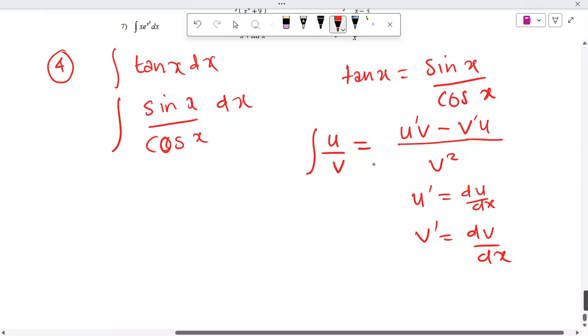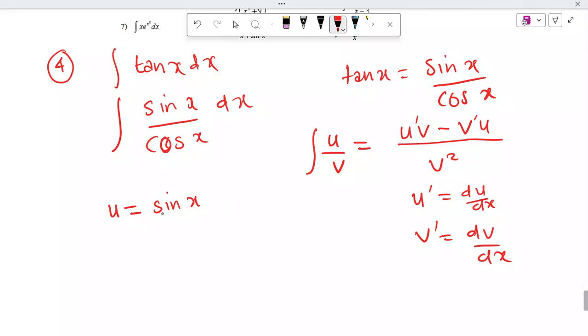Okay, so you can apply this formula. So we can say u is the numerator, so u is equal to sine x, meaning if you differentiate this, it will be u prime. If you differentiate sine, it will be what?